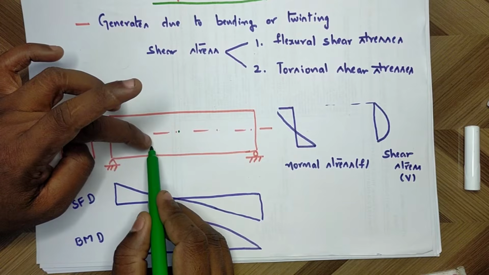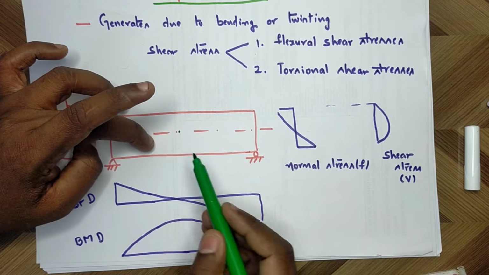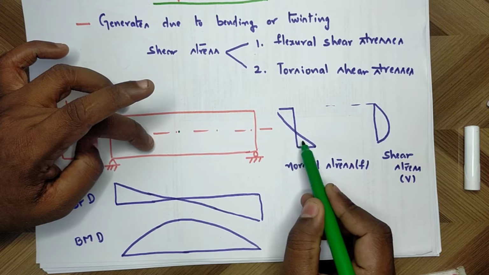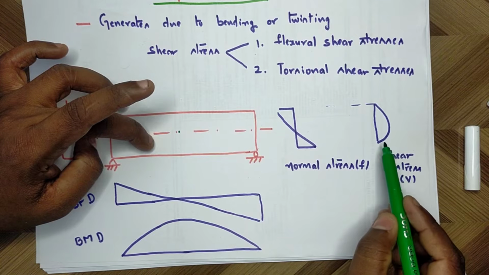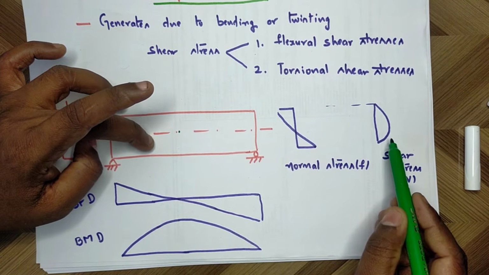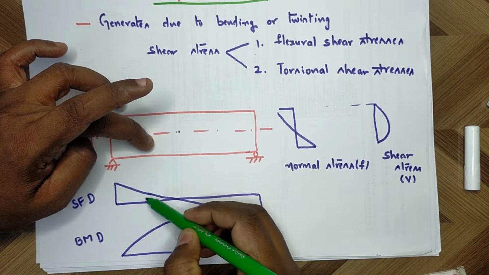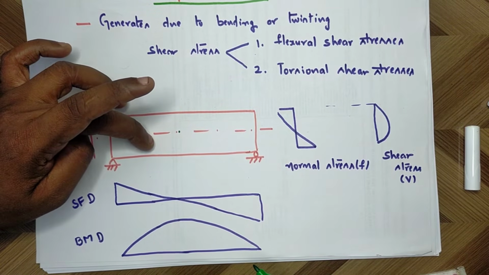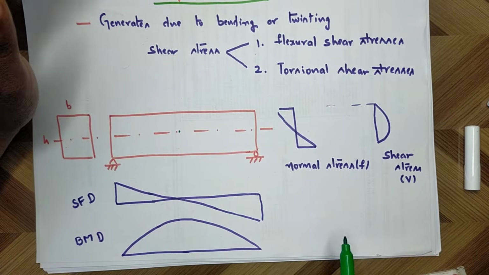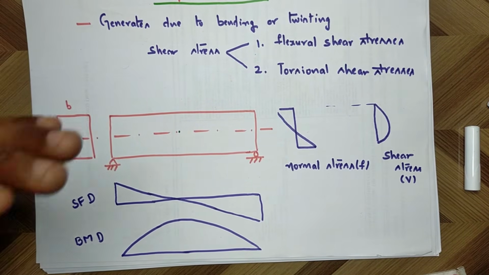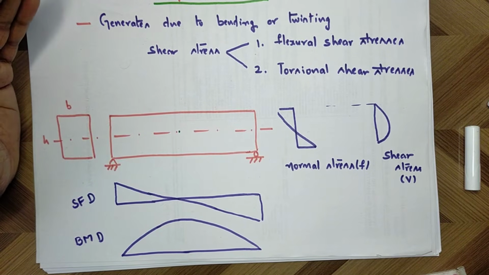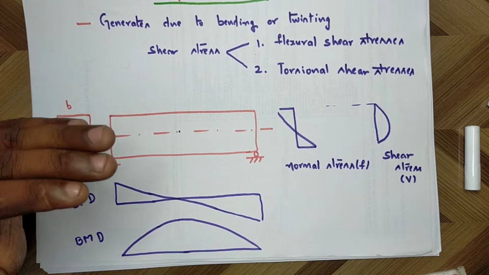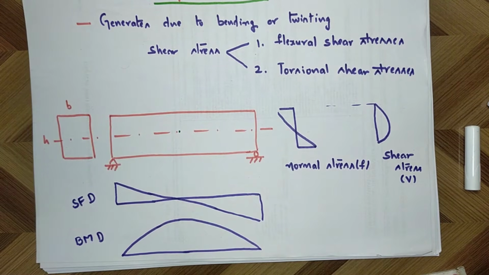If I take somewhere here, there is some normal stress and there is shear stress. Here also at this length there is some shear and there is some bending. That's what I am telling. There is a variation in normal stress and shear force in both length direction as well as depth direction.